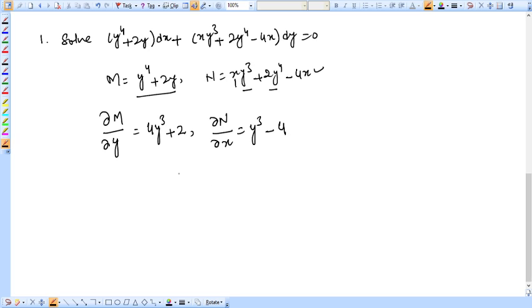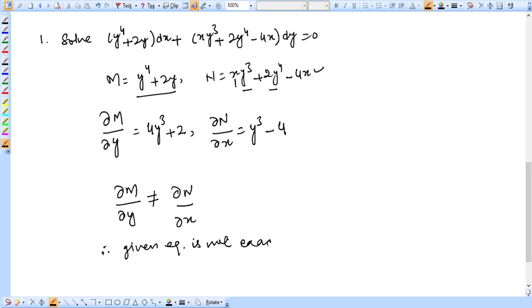So now you see ∂M/∂y is not equal to ∂N/∂x, therefore the given equation is not exact.